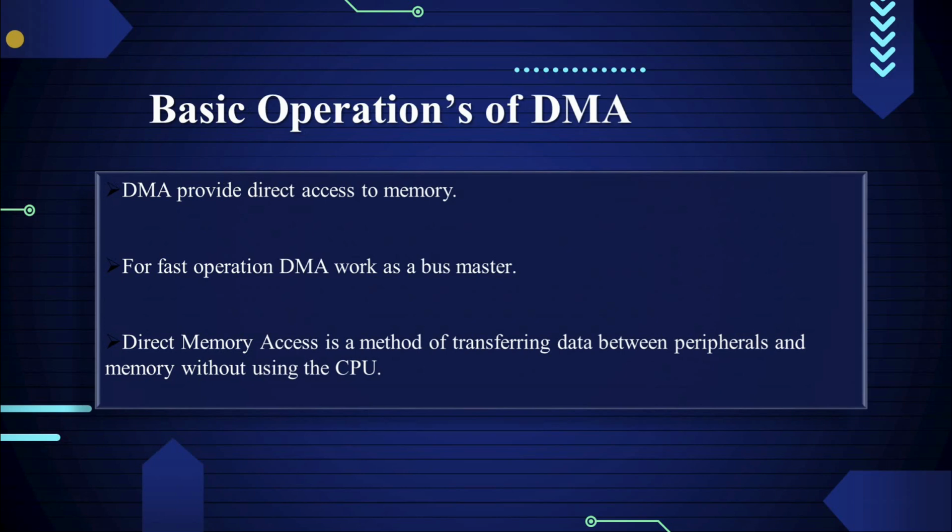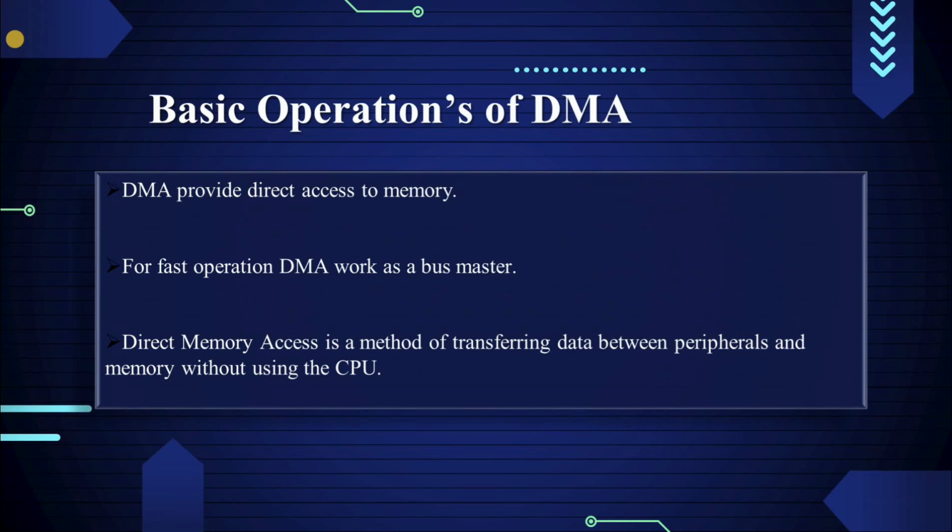The second point about the basic operation of DMA is that it works as a bus master to enable fast data transfer. In simple terms, DMA acts as a controller for data transfer between a hardware device and memory, taking over the control of the system bus and handling data transfer directly.